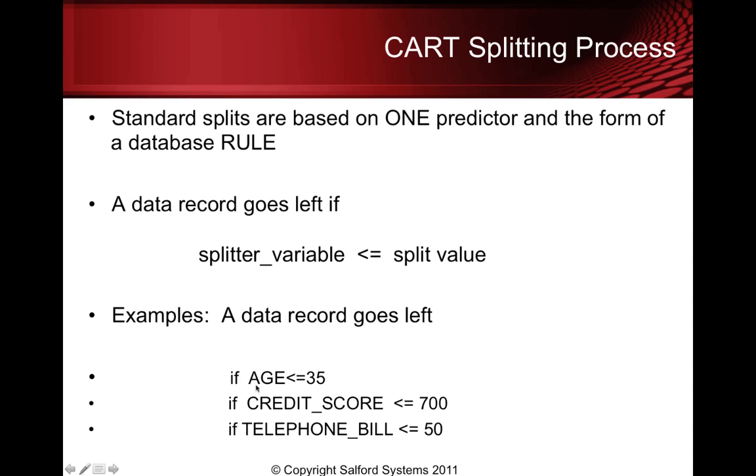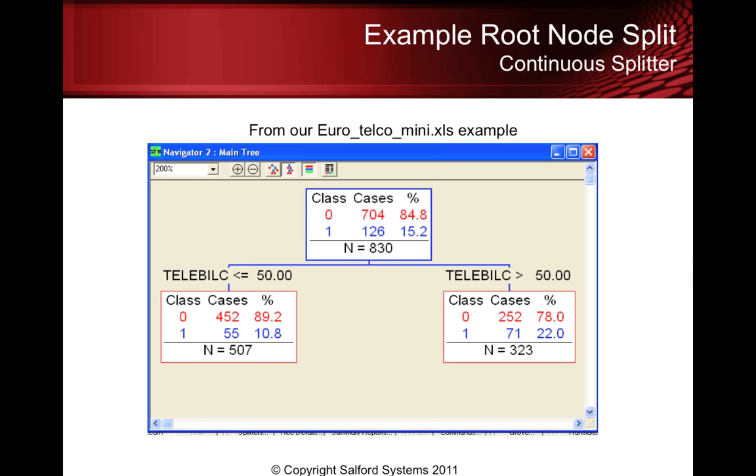For example, we go left if age is less than 35 years old, if the credit score is less than 700, if the telephone bill is less than $50. These are typical of the CART database rules, which are used to divide a block of data into two parts. And so this is what we just saw when we were looking at the Salford Predictive Modeling software running live.